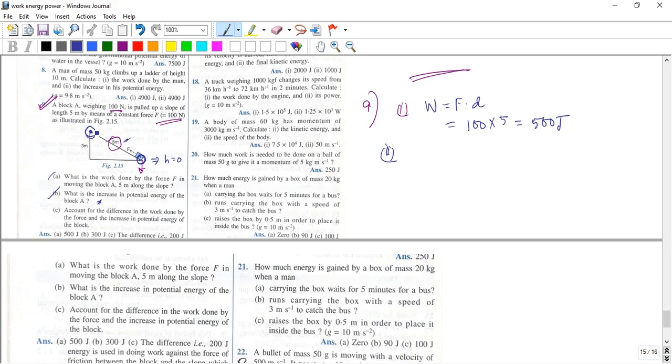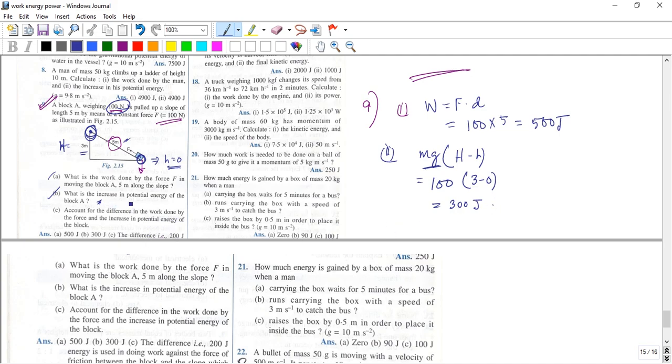If the box goes here, h is 0 and here h is equal to 3. So mg times capital H minus small h, with h equal to 0 and capital H equal to 3. The weight is given, 100 Newton. So 100 Newton times 3 minus 0 is 300 joule, very easy.